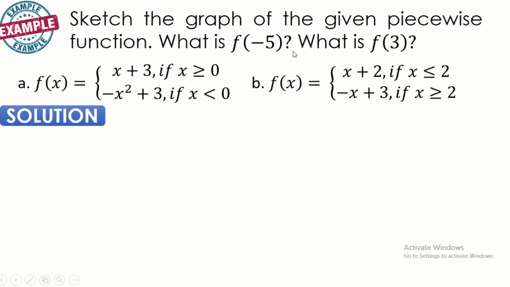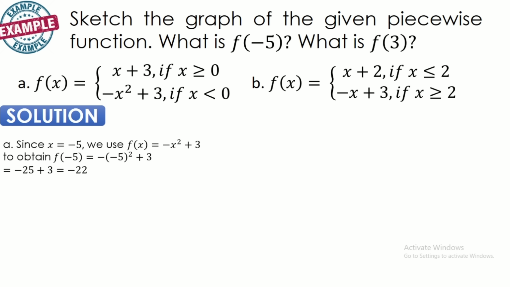Tingnan natin. Ito rin yung kanina. Unahin muna natin si letter A. Since pinapahanap si negative 5, anong function ang gagamitin natin? Yung less than sa 0. So, negative x squared plus 3.